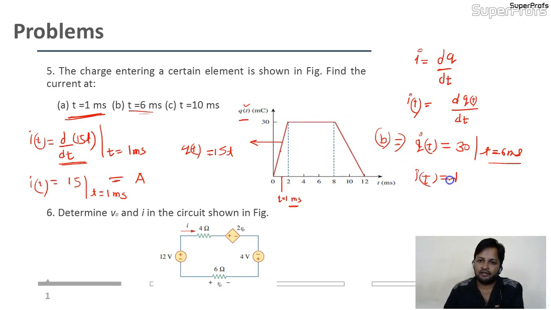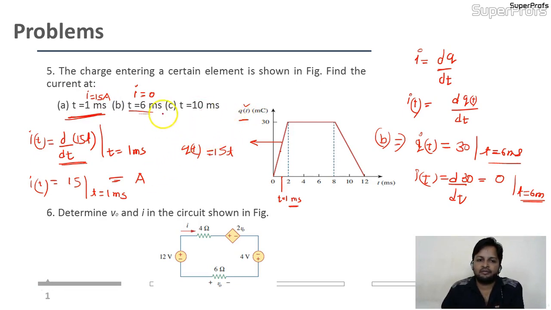Current is nothing but d by dt of 30. This is a constant, and differentiation of a constant quantity is nothing but 0. So at t equal to 6 millisecond, the value of the current is 0. Here the value of current is 0. Here the value of current is 15 ampere. Is it okay?